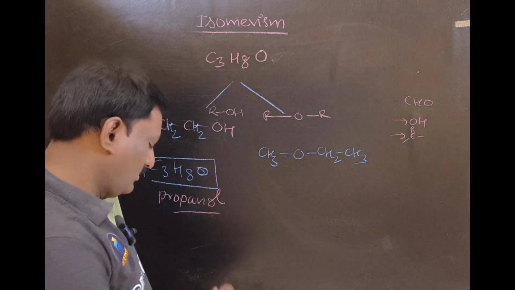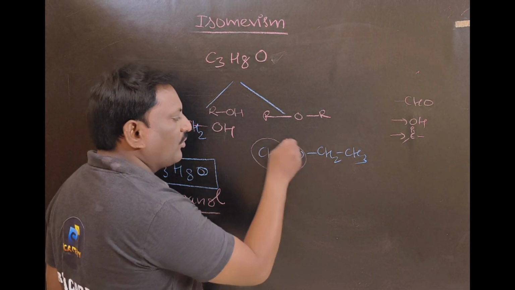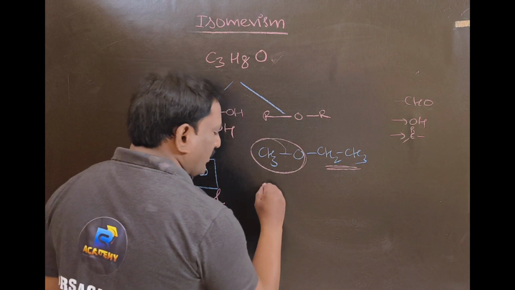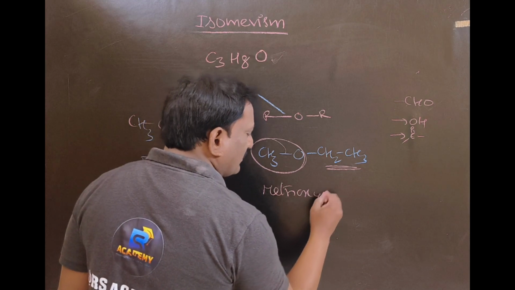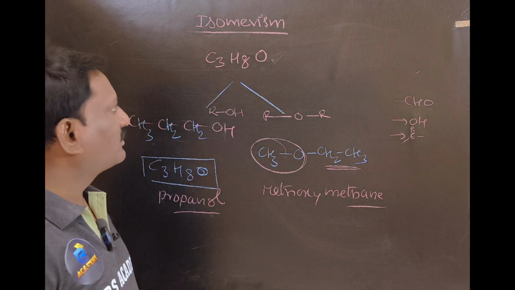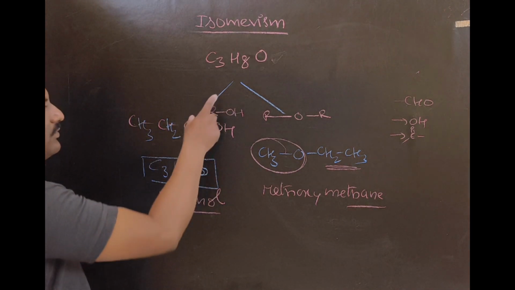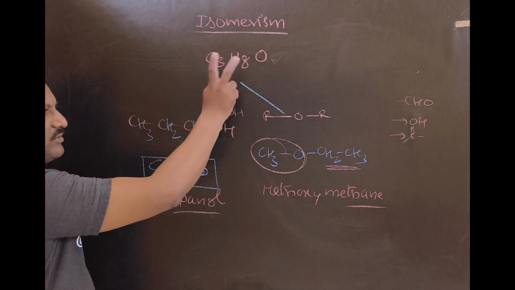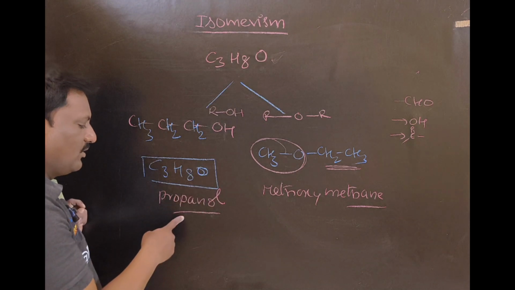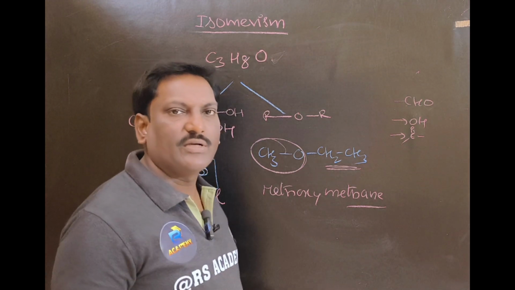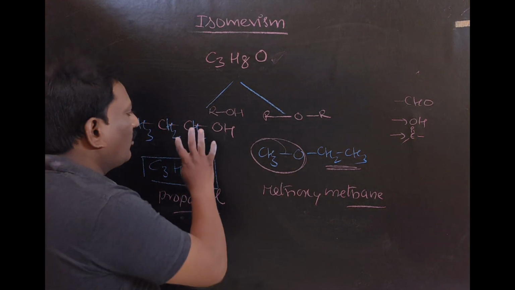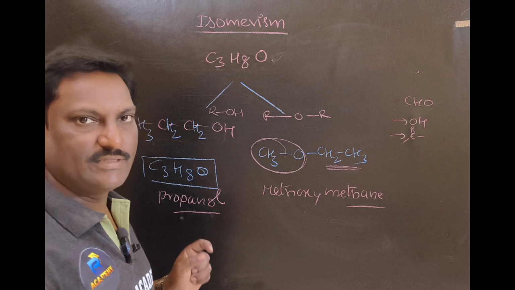This you can write as alkoxy alkane, that means methoxyethane. So you can draw two possible isomers for the chemical formula C3H8O: one is propanol, one is methoxyethane. Alcohols can be converted into ethers.